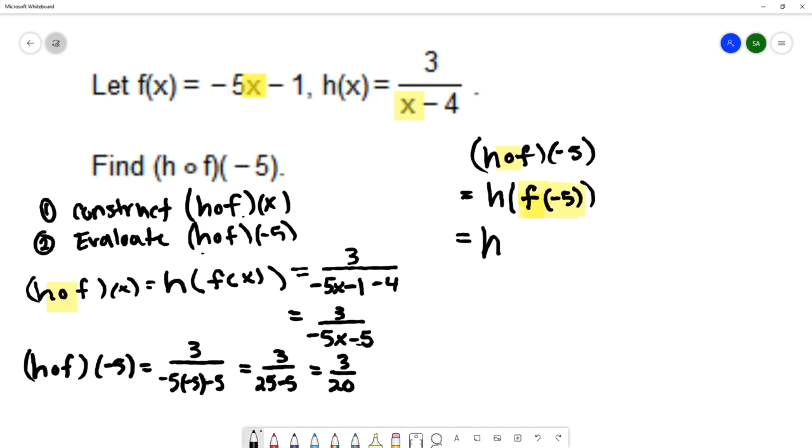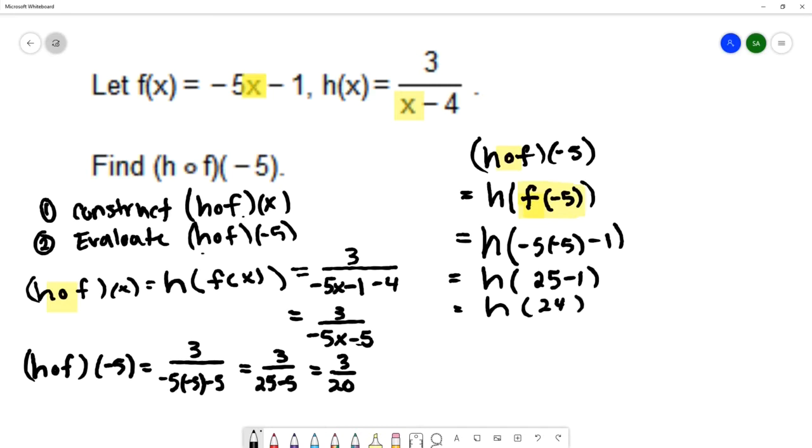So that would be -5 times -5 minus 1. -5 times -5 is 25 minus 1. And 25 minus 1 is 24. Once I've simplified inside that parenthesis, now I'm going to look at all of these symbols, and I have h of 24.